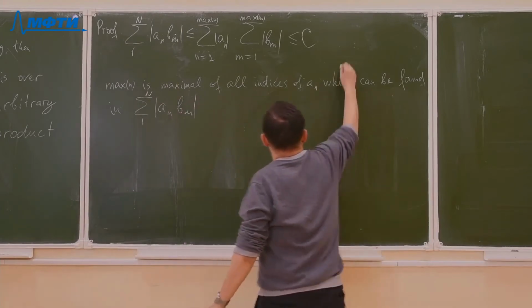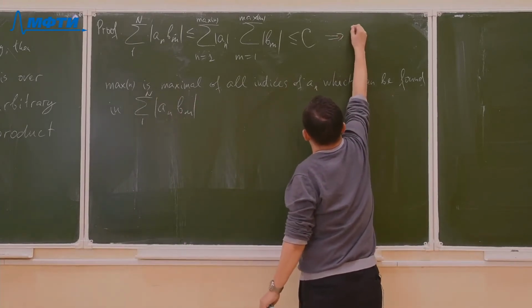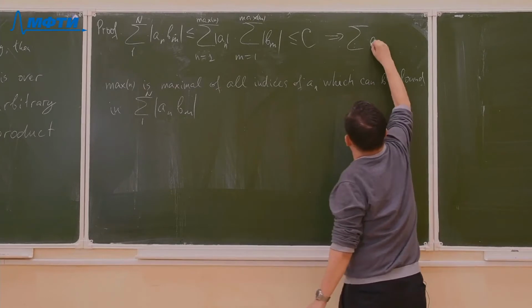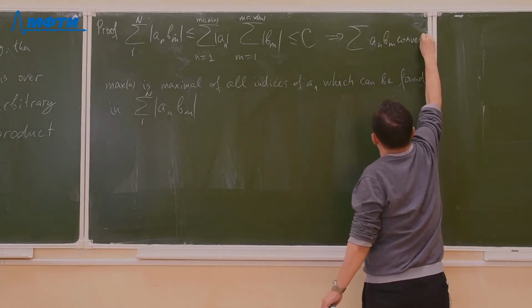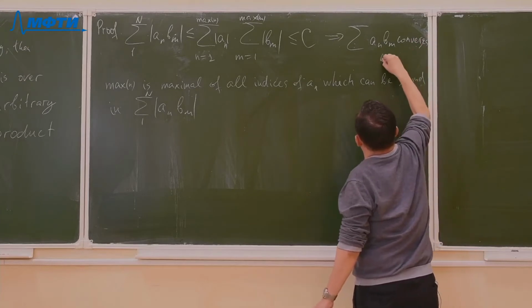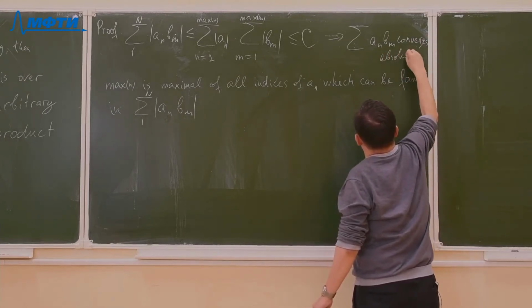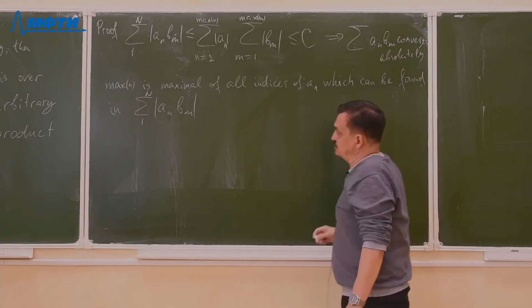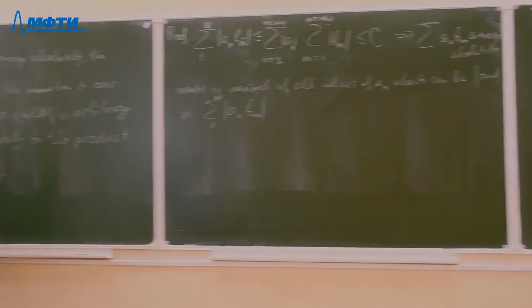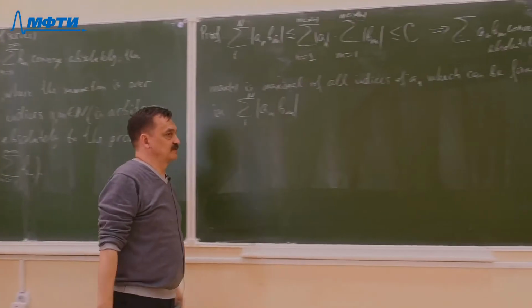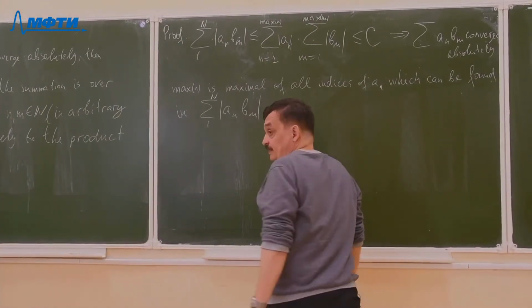And it follows that the series A_n B_m converges absolutely. Okay, the first part is proved concerning absolute convergence.